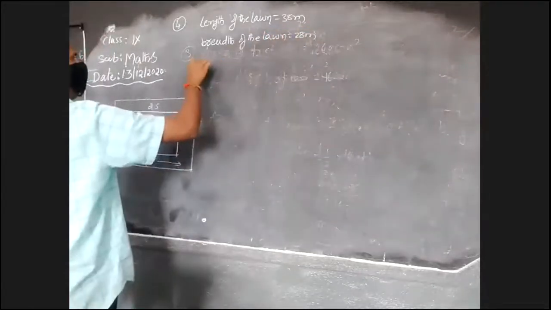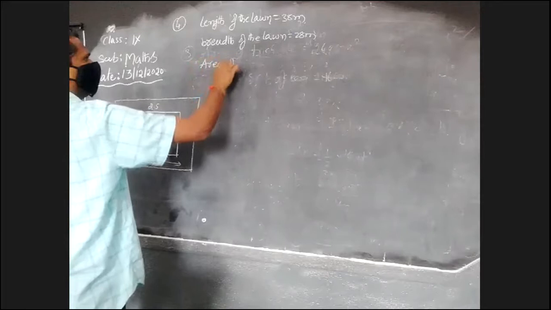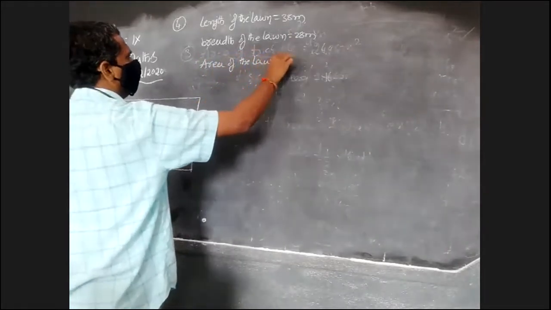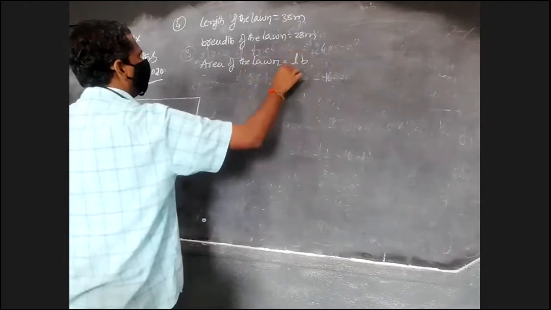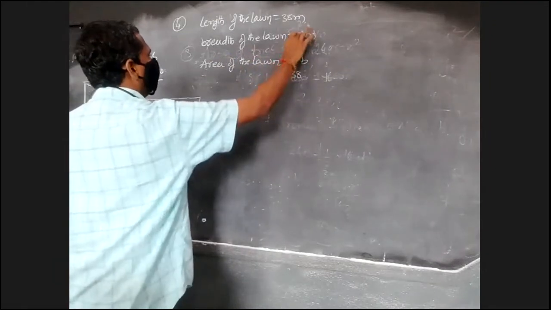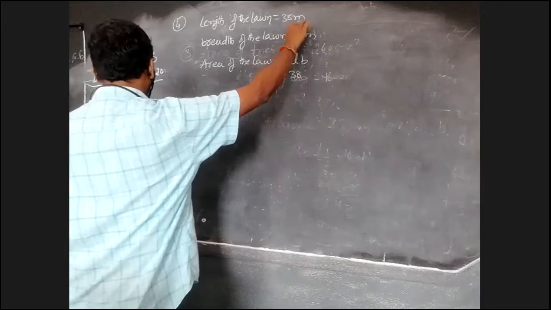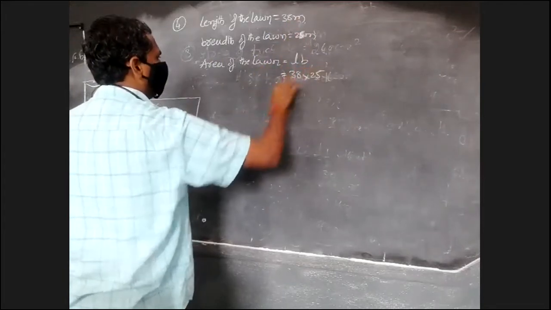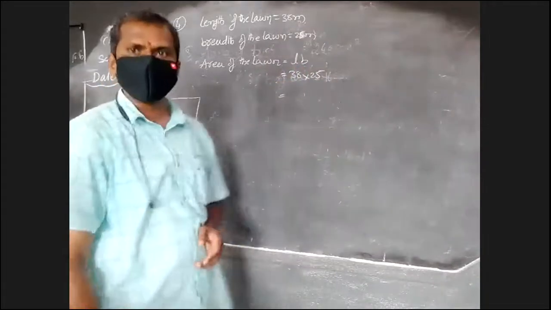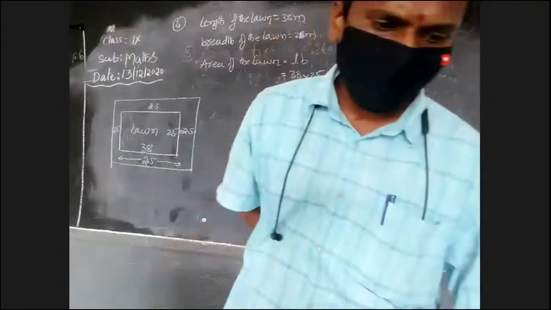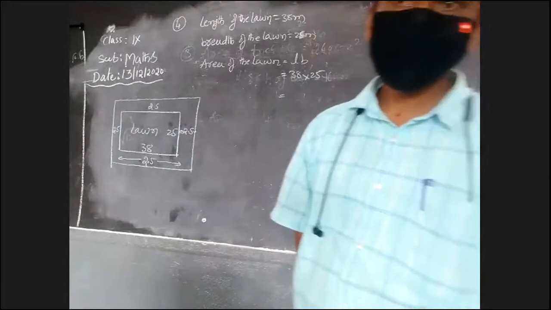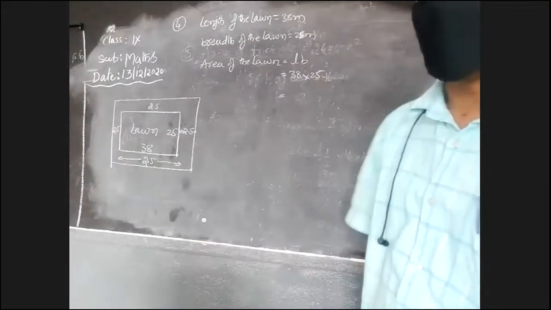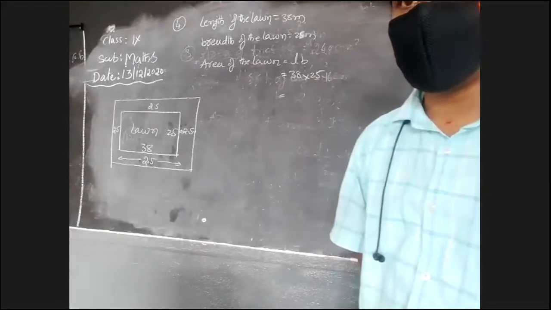And also area of the lawn is length into breadth, 38 into 25. Simplify and write in the chat box, 38 into 25. Product of 38 into 25. Write the answer in the chat box.